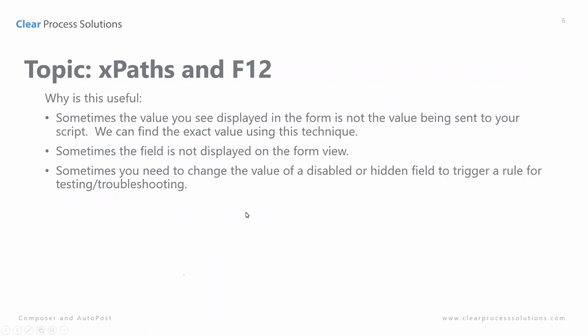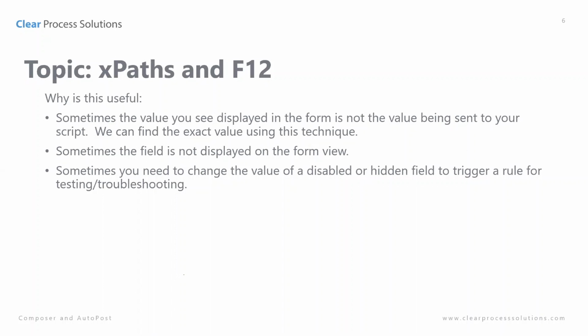So the first thing that we'll cover is the xPaths and using F12 in our browser. So why is this useful? Sometimes the value that we see on the form is not the value that's technically stored in the field, right? We might have a display value, like, for example, for the plant field, it might say 1000-New York for our New York plant.